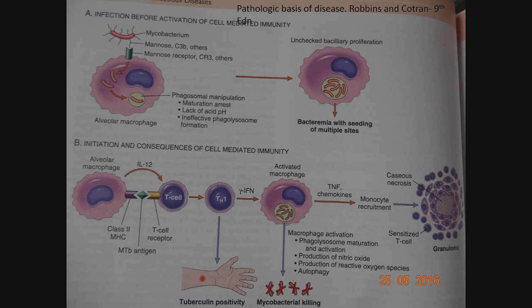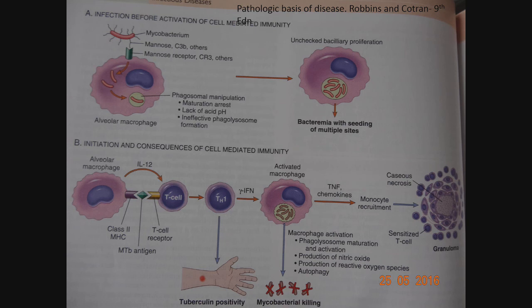So it is protected by blocking the fusion of phagosome with lysosome. That fusion, the phagolysosome, is needed to produce the free radicals and other enzymes to kill the bacteria. So that doesn't happen, and the bacteria proliferates within the alveolar macrophages, within the phagosomes, and the bacteria can spread locally or get into the blood.